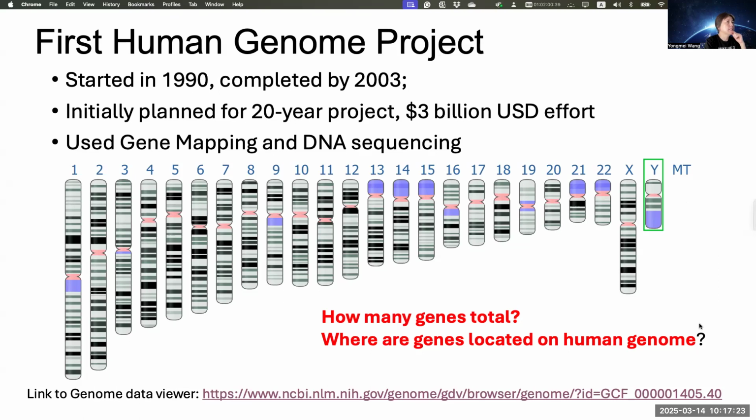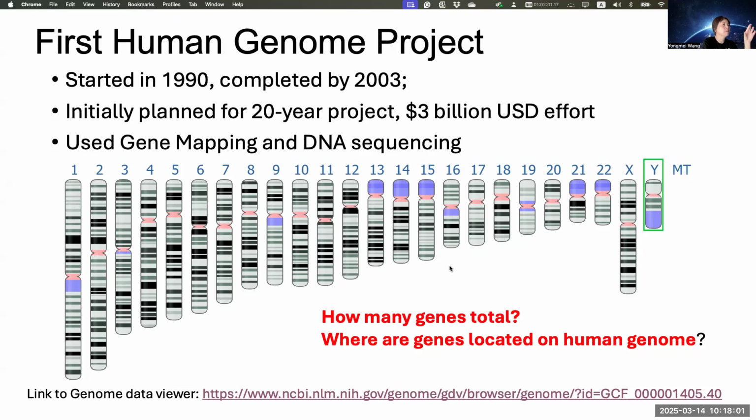Okay, so this became available in 2003. And when they finished this human genome project, they sequenced all of the base pairs, about 3 billion base pairs. At the end of the day, they found out that in the human genome, there are roughly only about 20,000 coding genes, meaning that particular section of DNA is coded and you can find the protein product at the end.